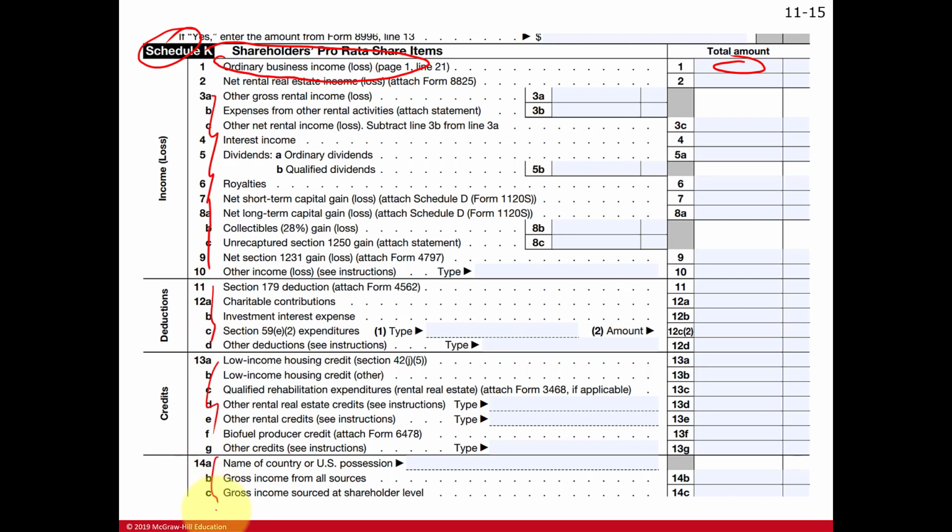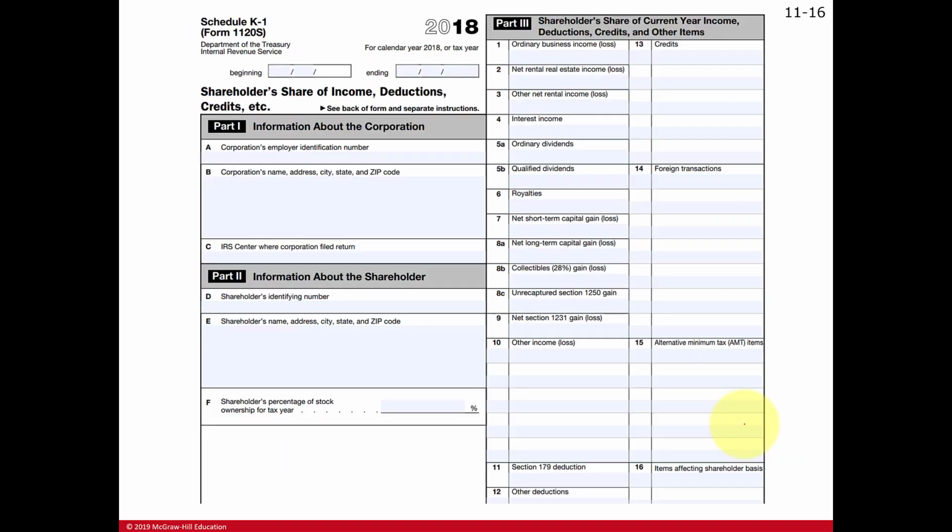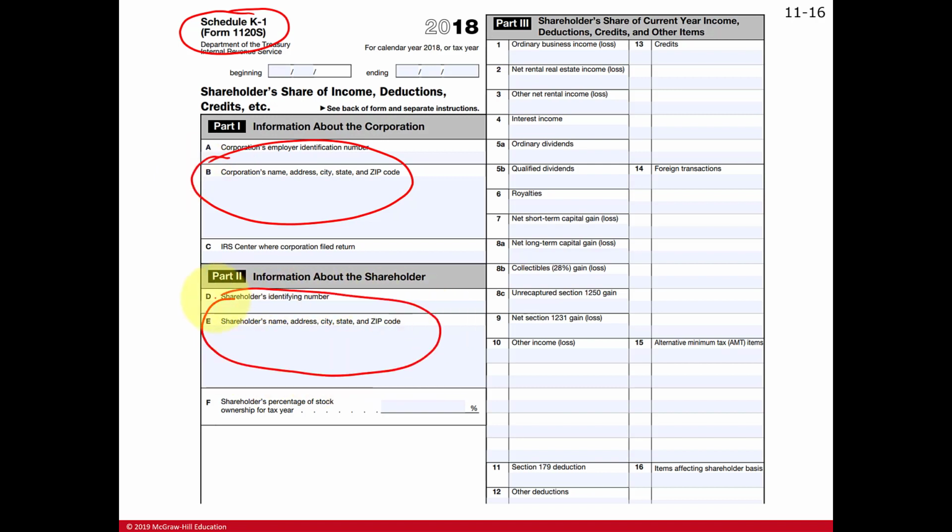Again, separately stated items here on Schedule K. Now to report how much of these amounts in this column is each shareholder's share, you have to prepare a Schedule K1 for each shareholder. Here's the name of the corporation, and here is the name of this one shareholder, and here is their share of, well, definitely the proportion of the ordinary business income or loss, and then the separately stated items.